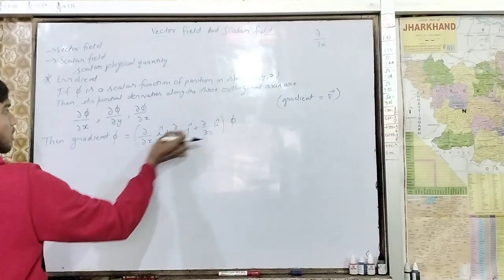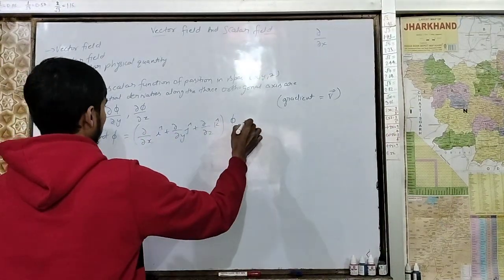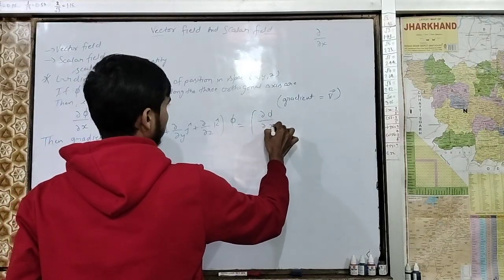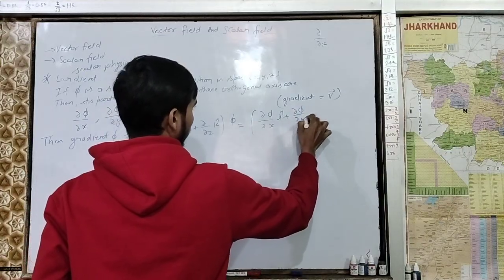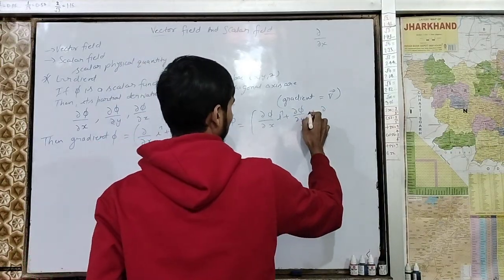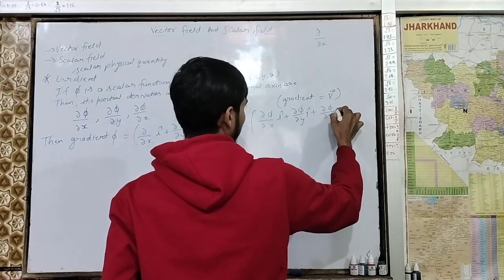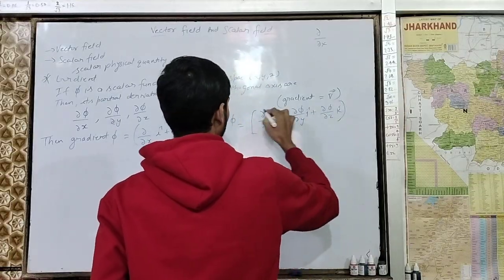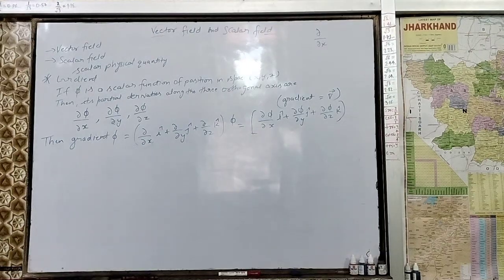Just multiply this by this term, this by this term, this by this term, then you will see that it becomes d phi upon dx i cap plus d phi upon dy j cap plus d phi upon dz k cap. This is what we will get after multiplying this by phi.